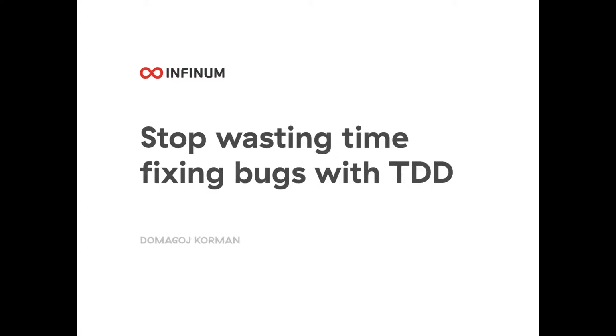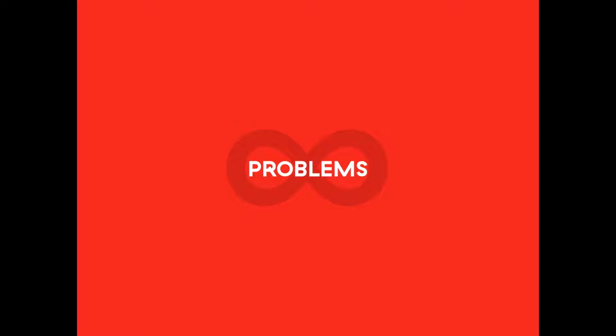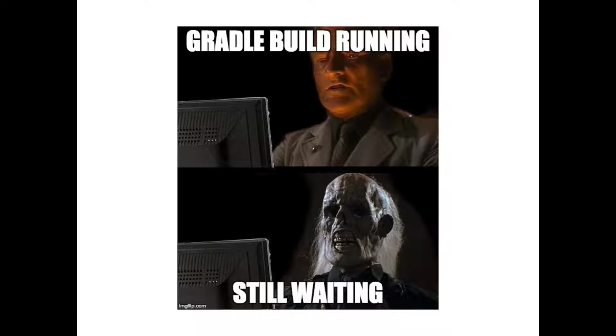And today I'm going to tell you how to stop wasting time fixing bugs with test-driven development. Basically, we Android developers have common problems that we meet every day, and the most common problem is Gradle build running. Basically, you get this every day and you start your application.